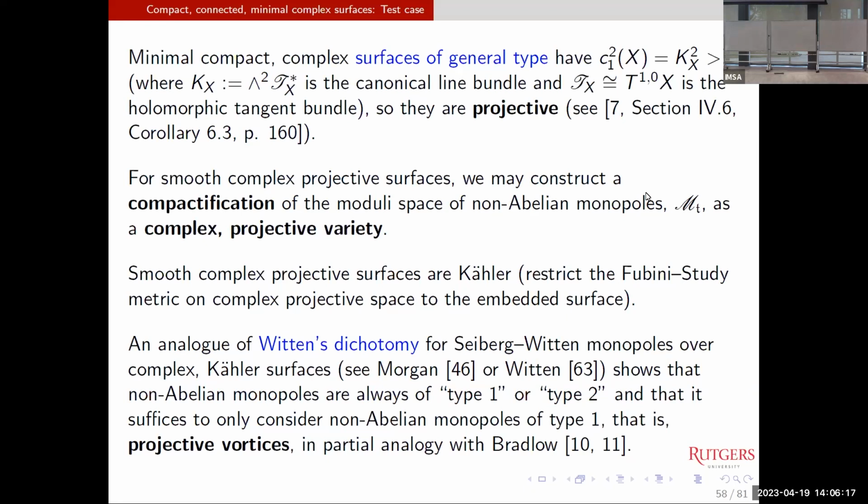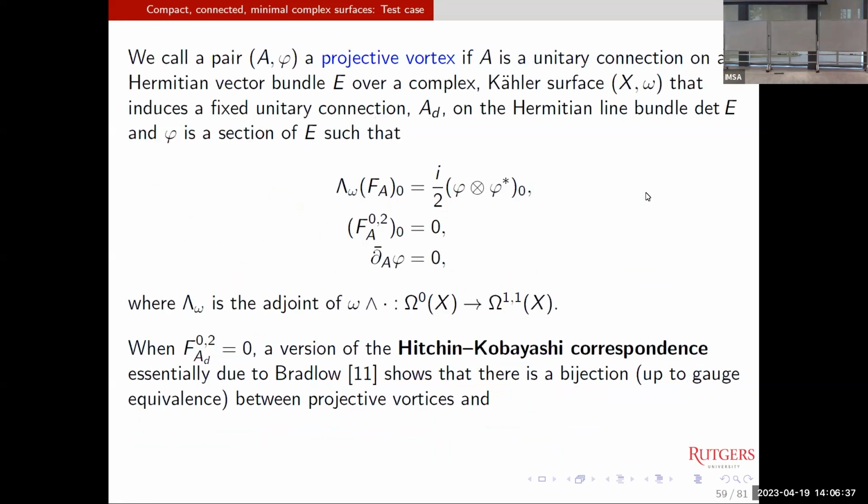For our purposes, it's only necessary to consider type 1 non-abelian manifolds. So we call these projective vortices in the partial work parallel.